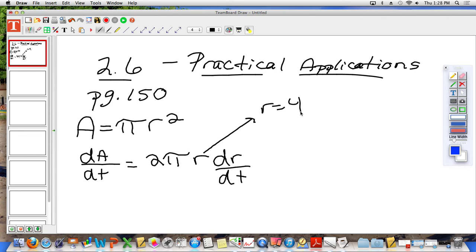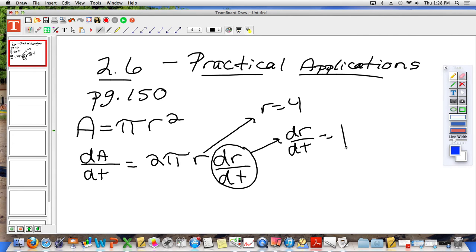Which of these unknown things did they just tell us? dr dt. The radius is changing at a rate of 1. So dr dt is equal to 1.